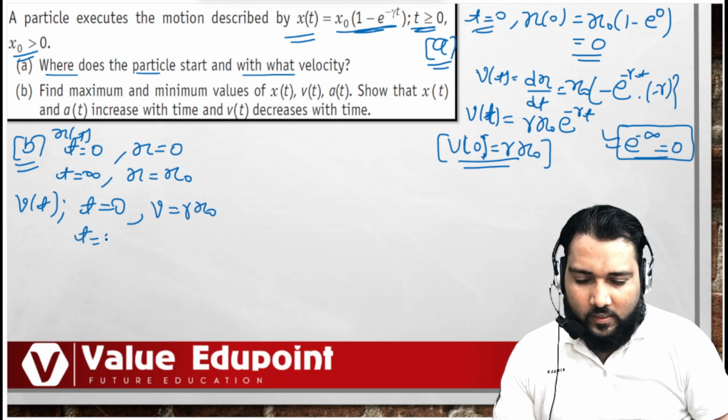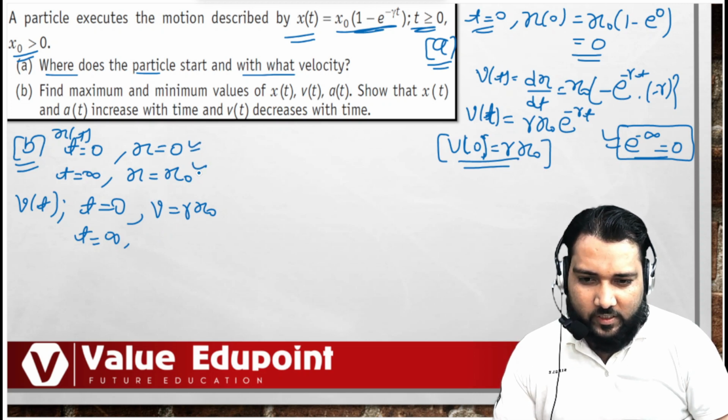When you put t equals infinity, this is the minimum value of this function, and that was the maximum value. When you put t equals infinity in this function, it will become minus infinity, so it becomes 0. So the velocity will be 0.